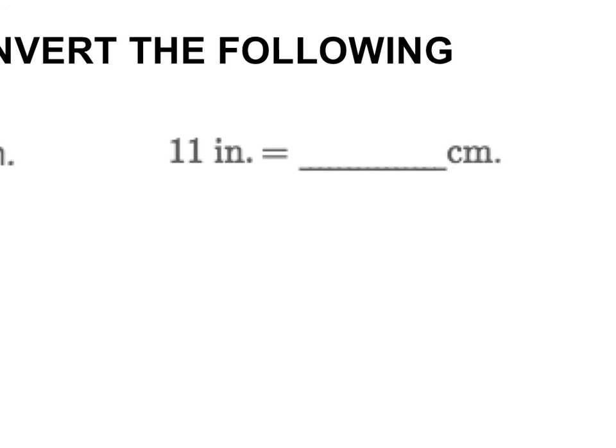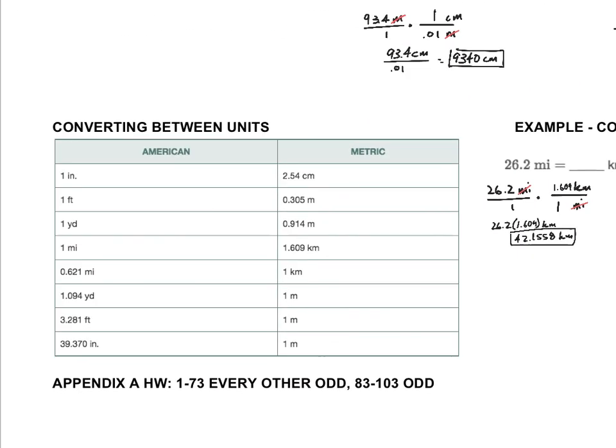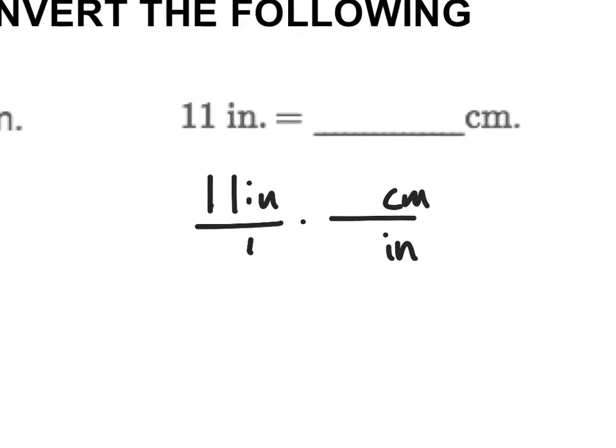Let's talk about converting inches to centimeters. First things first, I'm going to write out 11 inches over 1. I'm going to multiply that by something with inches down here and centimeters here. Let's find 1 inch: 1 inch is 2.54 centimeters.